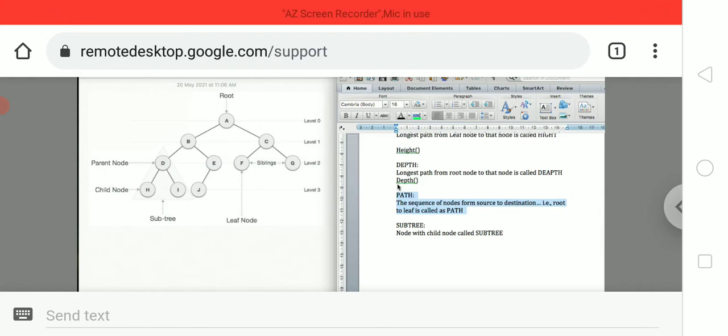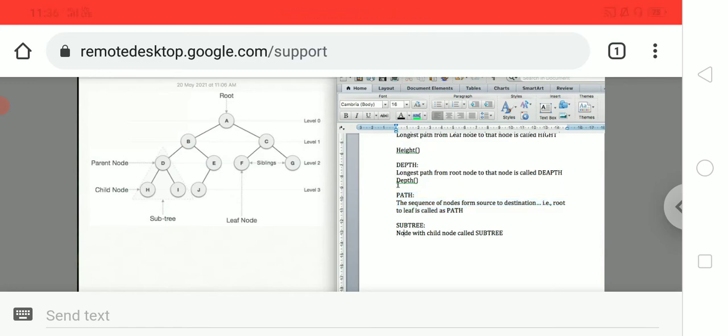Here. So how is it traveled? From A to B, B to D, D to I. So in this way we can find out the path of a node. If I would like to find the path of G, A to C, C to G. If I would like to find the path of J, A to B, B to E, E to J. So in this way we can find out the path.